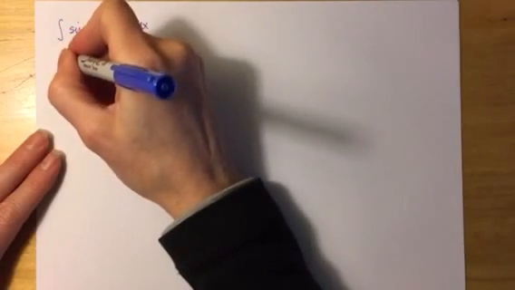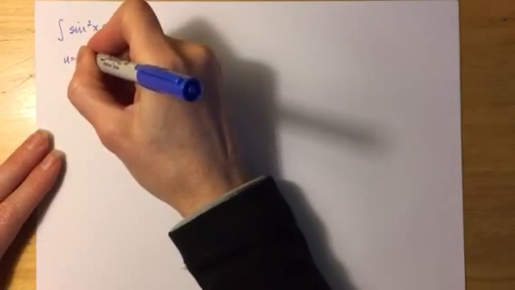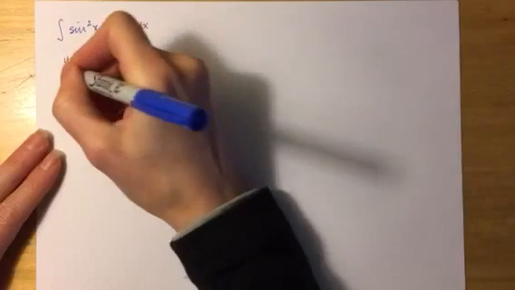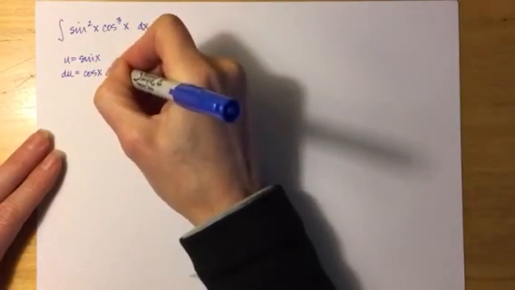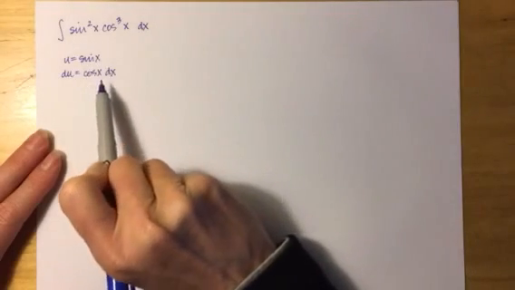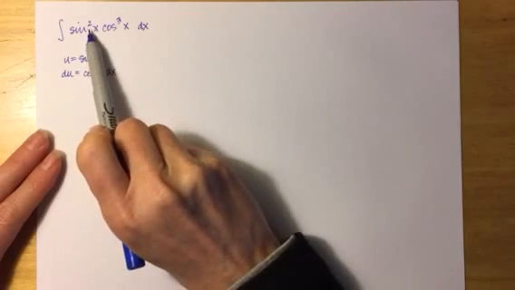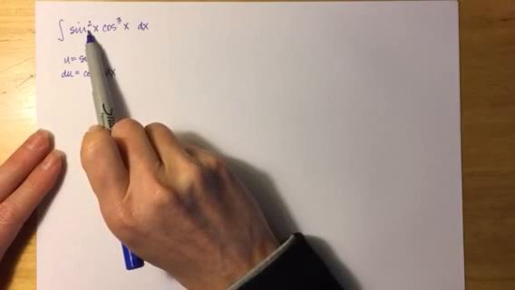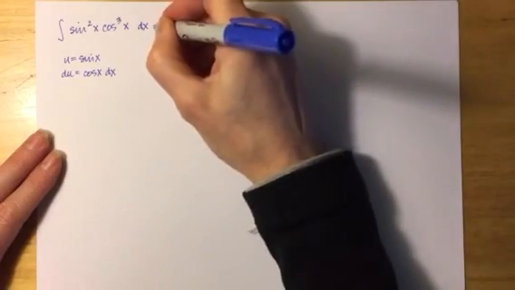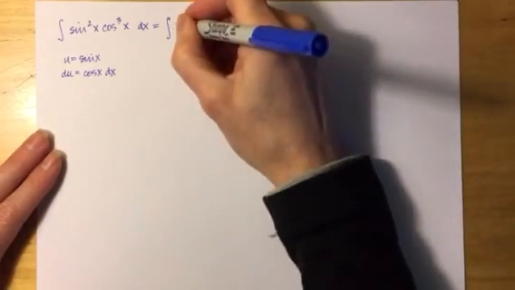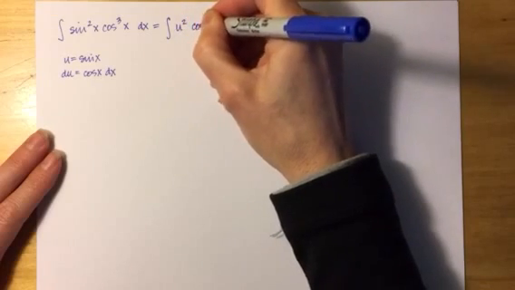So if we were to make u equal to sine of x, then du would be cosine x dx, right? So we could substitute here then, and that would get rid of the two sines that we have and one of the cosines, but we'd still have a pair of cosines left to deal with, right?